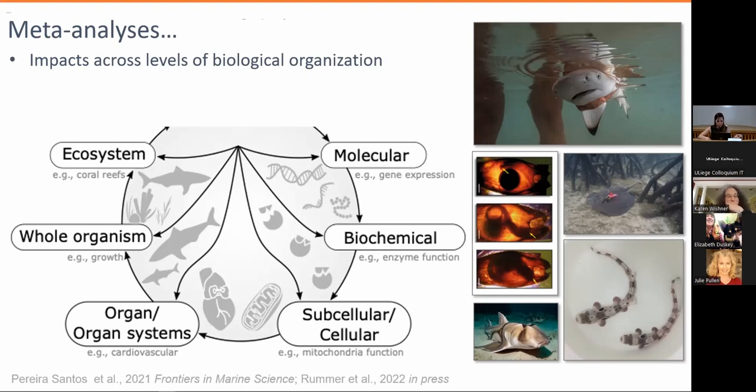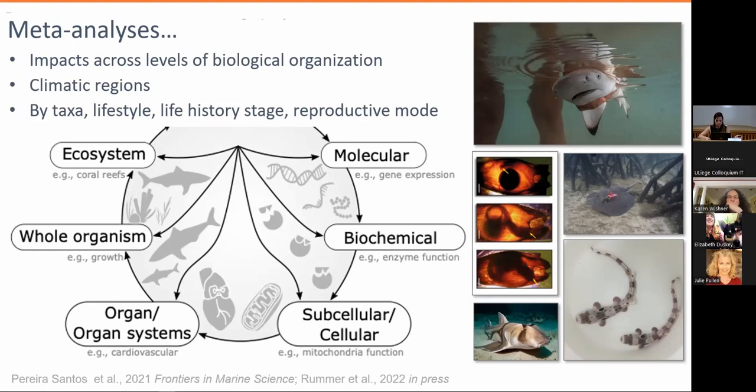We organized species by climatic regions such as subtropical, tropical, temperate, and boreal, and by taxa, highlighting the major orders amongst the sharks and their relatives that have been investigated, as well as lifestyle, life history stage, whether we're looking at embryos, newborns, juveniles, or adults, but also the reproductive mode. For example, oviparous egg layers versus viviparous live bearers.